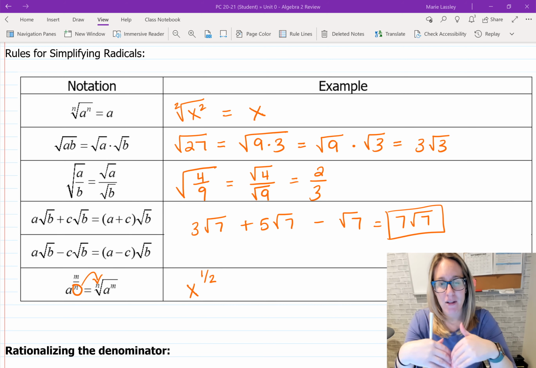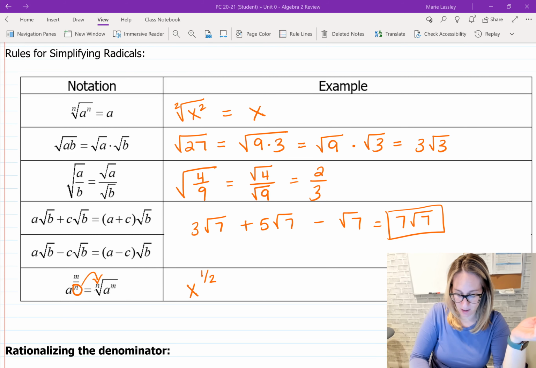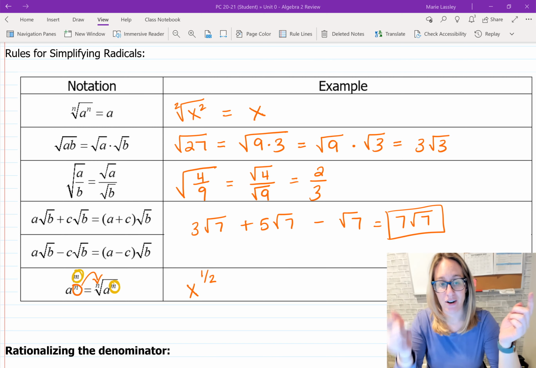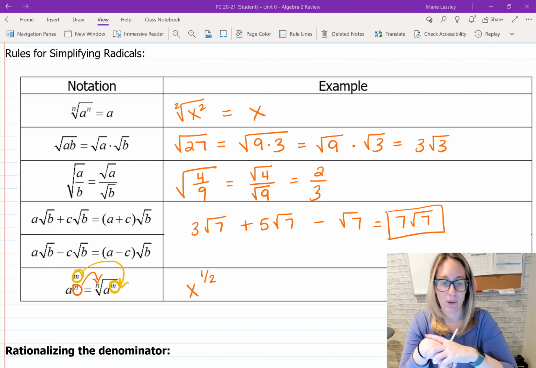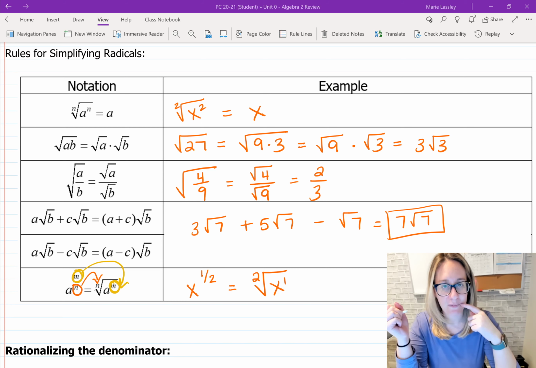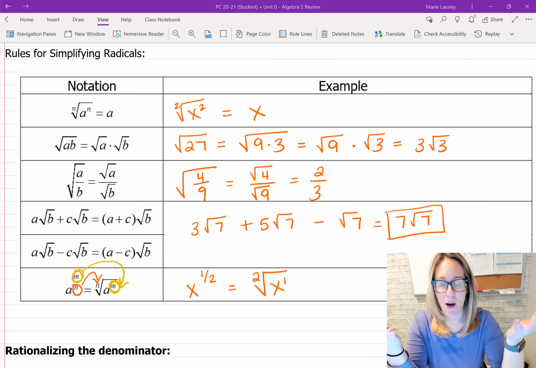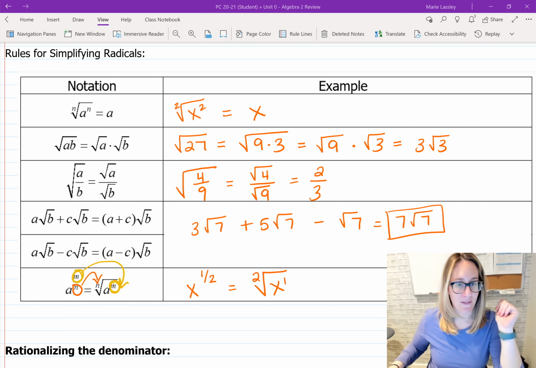The number on the bottom of the fraction is going to go on the outside of your square root, and the number on the top of the fraction goes with your number underneath the square root or radical sign. It doesn't have to be a square root. So if we have this x to the 1/2 here, that's the same as saying we have the square root of x to the first. That's a really common one that you're going to see. It works even if we have different ones.